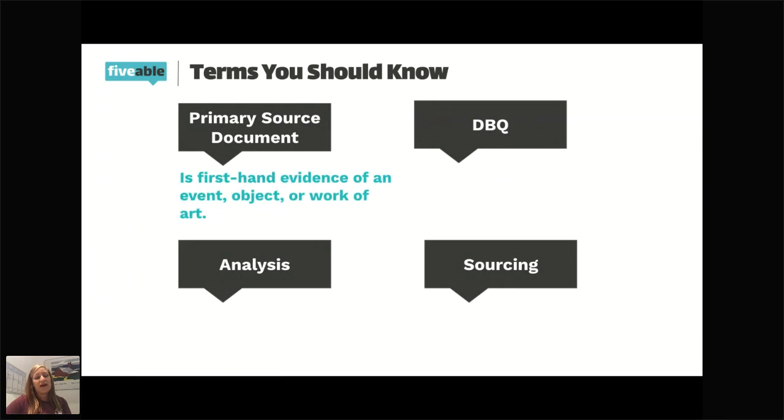It could be a speech that has been transcribed, and you're going to get a lot of different experience with primary source documents. There are also secondary source documents and tertiary source documents, but the main one that you're going to encounter as a new AP historian is a primary source document.